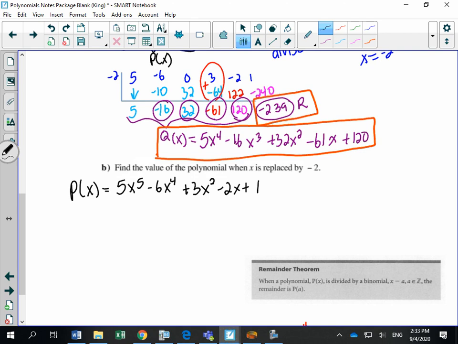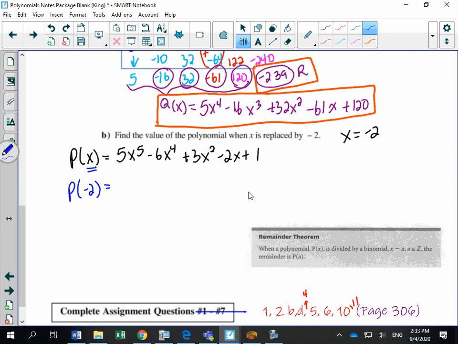So what they're saying is, what's the value of this polynomial when x is replaced with -2. So here you have an x, so take out that x and put in a -2. Therefore, within the polynomial, every single time you see an x, take out that x and put in a -2.